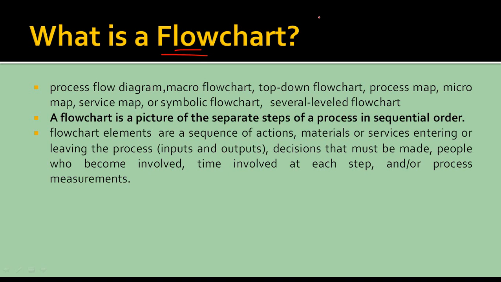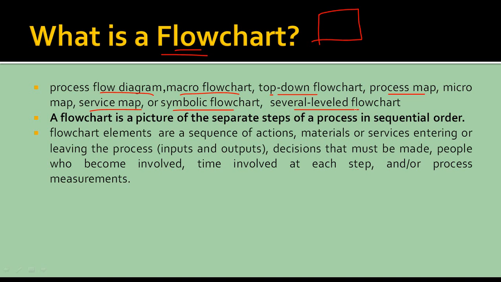When we say the word graphical, that means we are going to show some images with the flowchart. A flowchart is also called a flow diagram, macro flowchart, top-down flowchart or top-down diagram, process map, micro map, service map, symbolic flowchart, and several level flowchart or several level diagram.